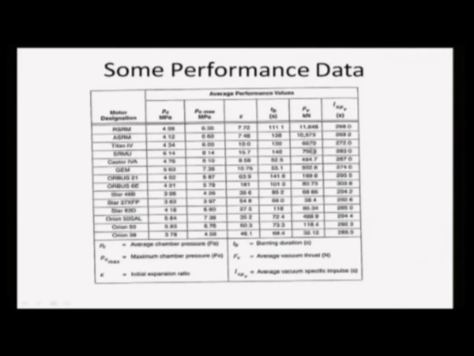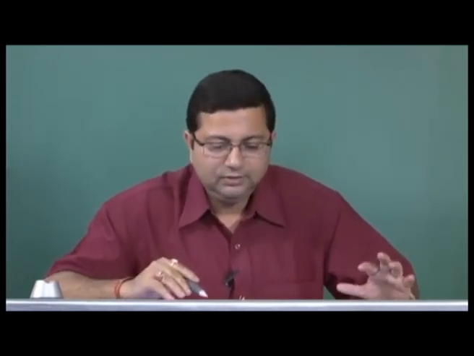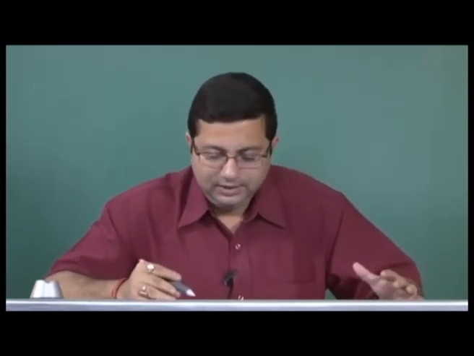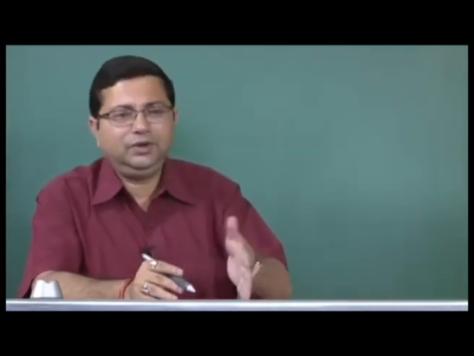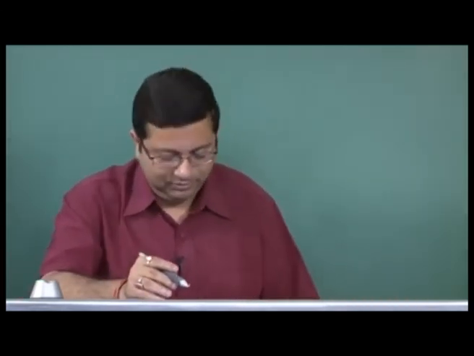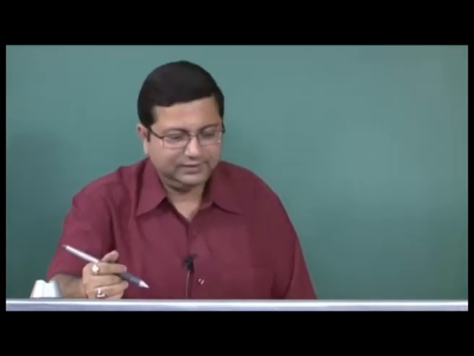That is a huge thrust being produced. In general, these others are lower thrust and the chamber pressure is as given here. So, this is the full data for most of the widely used solid propellant rockets, given just to give you an idea of the numbers of thrust and specific impulse, etc.